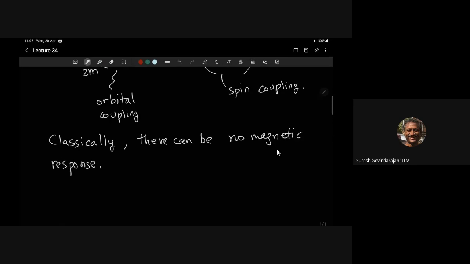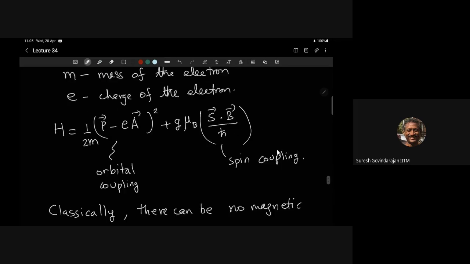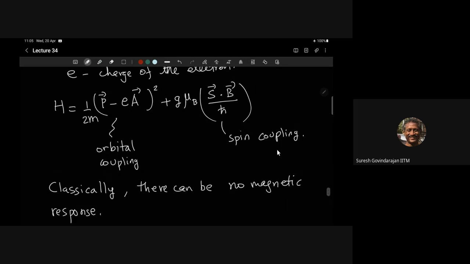Basically what happens is that if you do the partition function, because it's just a shift in the Gaussian, a shift in P, you will have an integral d cubed x d cubed P times e to the minus beta H. There's no spin at this point. And so you can see that the partition function is independent of the magnetic field.